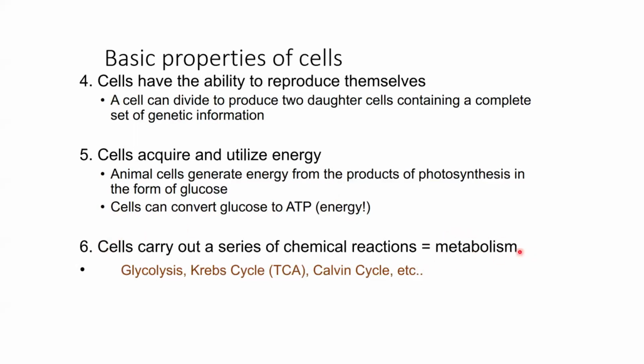And this is known as metabolism. In terms of pretty much the whole series of reactions that we carry out to grow and survive. But metabolism is very often broken up into two separate categories, where you have catabolism and you have anabolism. Catabolism is essentially the breakdown of something.